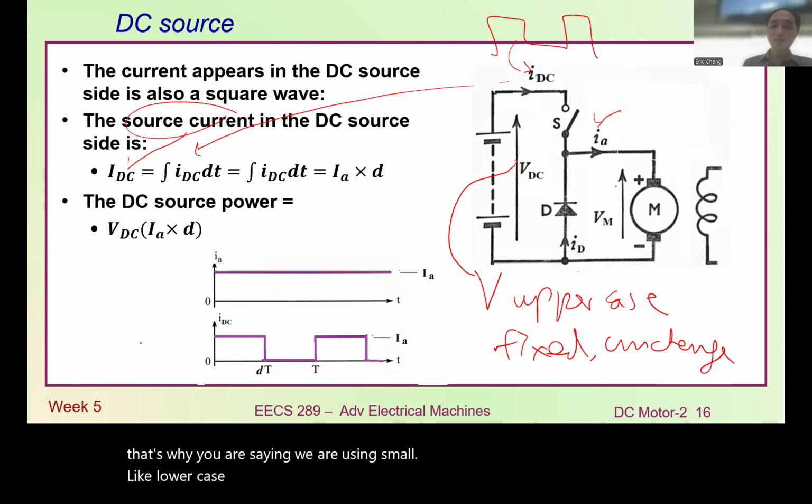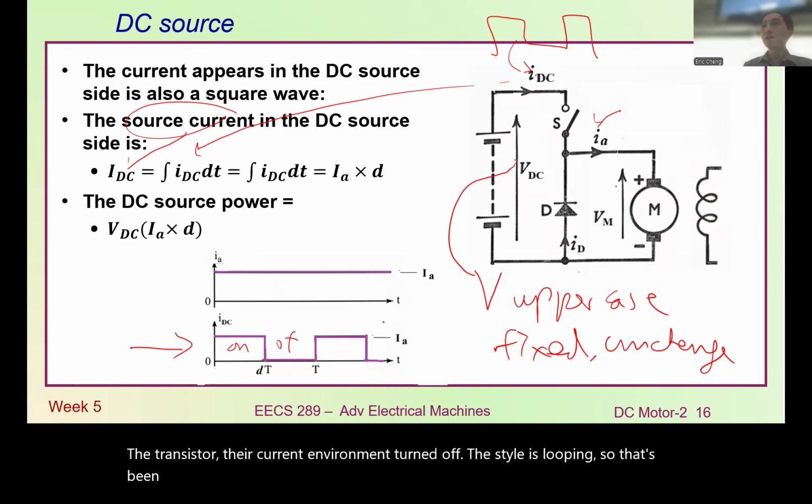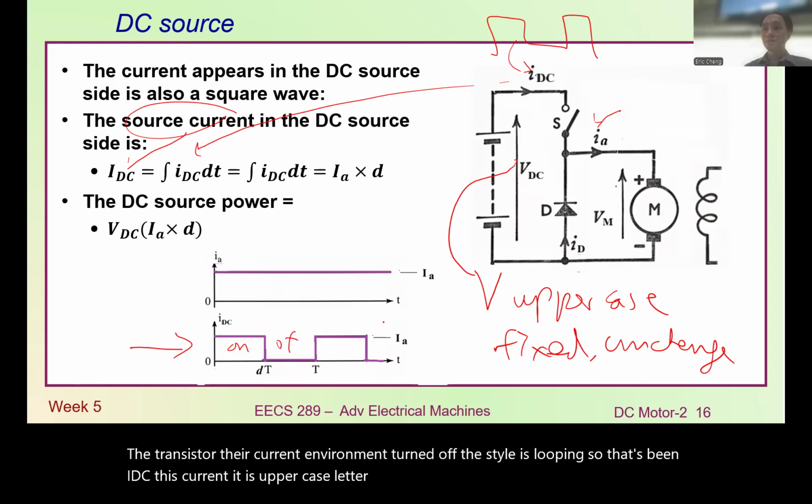Yes, you can see from this waveform here. When I turn on the transistor, the current flows; when I turn off, the diode is looping. So for iDC, in the first half it is uppercase DC, but when it is off, it changes to zero.